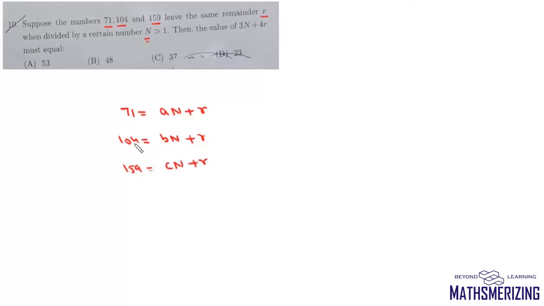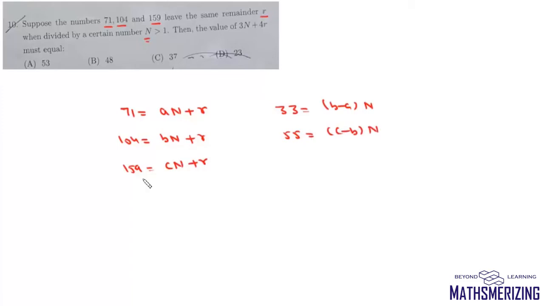Now if we subtract the first from the second, we'll get 33 equals (b minus a) n. Now from the third and second we can write 159 minus 104, which is 55, and that will be (c minus b) into n.